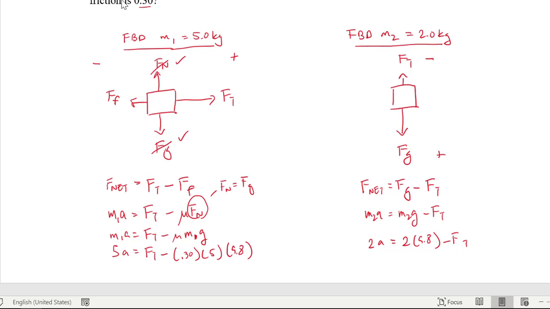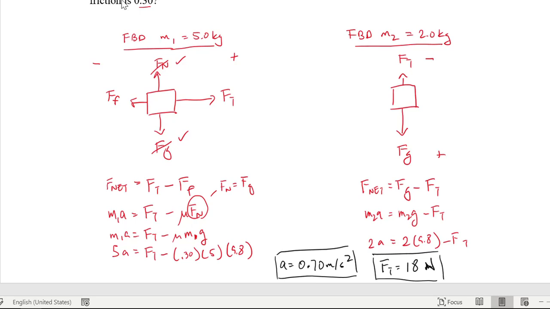I've plugged all the values in, and hopefully you get A is equal to 0.70 meters per second squared, and Ft equals 18 newtons. Okay, so hopefully you got those two values. So we'll end our lesson here, and I'll see you guys at our next video.